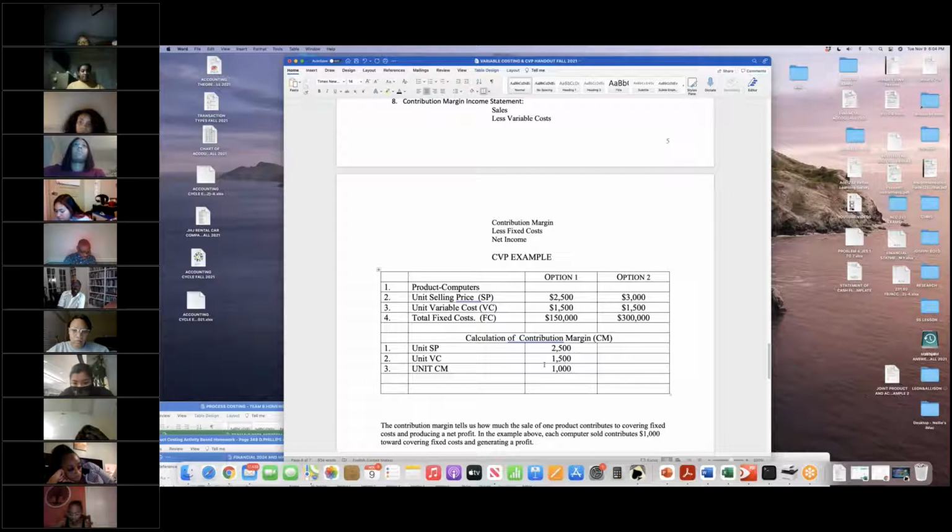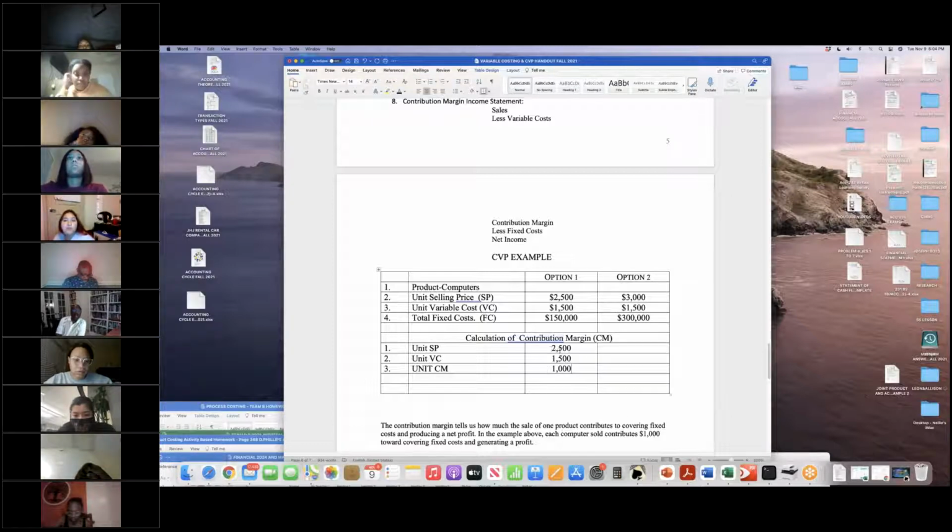So that's what the contribution margin is showing us. Every time we sell one item, there's $1,000 that goes toward covering the fixed costs. That's what the contribution margin is about. How much is left after the variable costs are paid to cover the fixed costs?